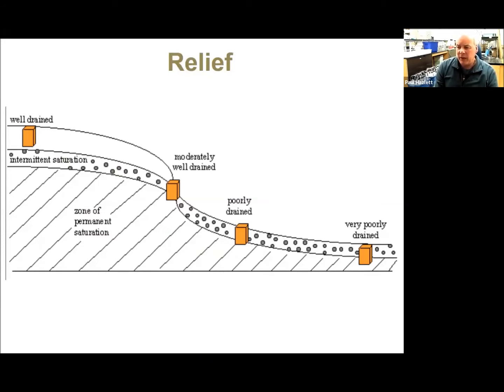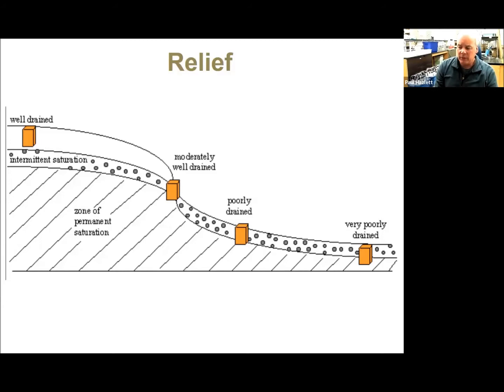We move on to relief as a soil forming factor. And what this diagram is showing is 4 different soil pits from left to right that go from well-drained, moderately well-drained, poorly drained to very poorly drained conditions. And the significance of this is that water moves up into the soil profile and saturates the soil for different periods of time throughout a year, depending on where you are on this landscape, this catena, as we call it.